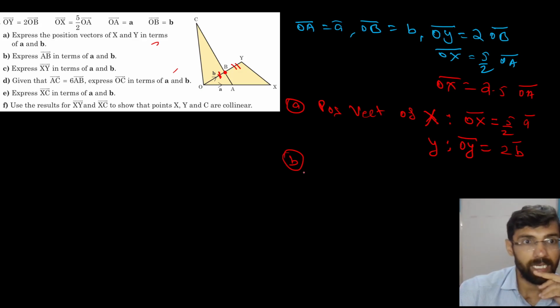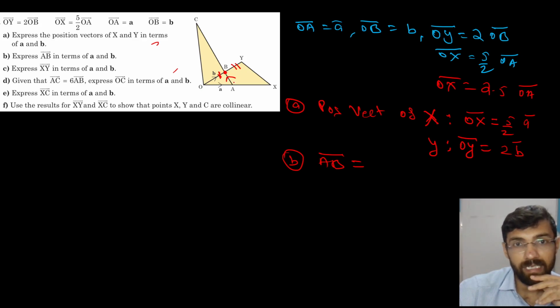Now let us try part B: express AB in terms of A and B vectors. Now we will use vector addition. AB vector means I have started from A and finally displaced to B. You have to find an equivalent displacement.